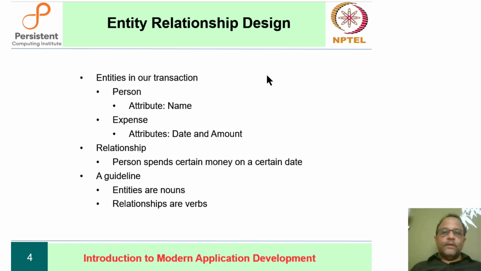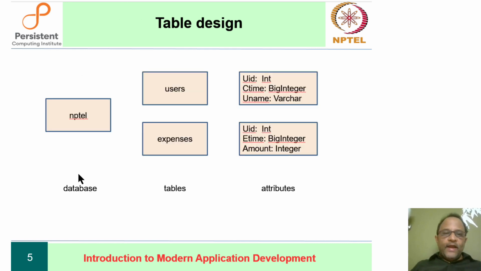So let's see what thinking like this buys us. What we have here is that our database will be called NPTEL, and we will have users who are the users of our application, and we will have expenses. These will be our tables. These users will have attributes.